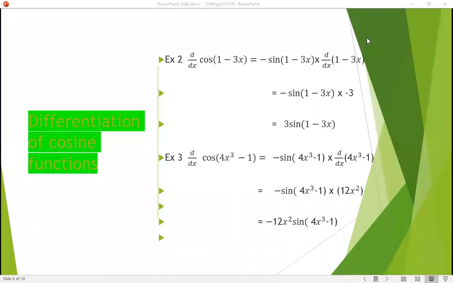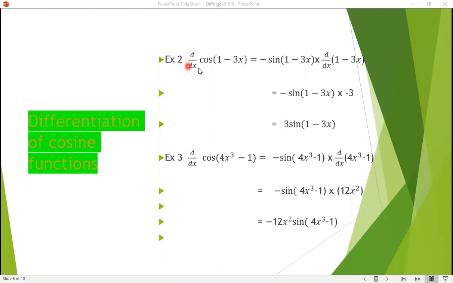So differentiation of cos 1 minus 3x is minus sine of bracket 1 minus 3x multiplied by the differentiation of 1 minus 3x, which is minus 3. So minus 3 times minus 1 is plus 3.